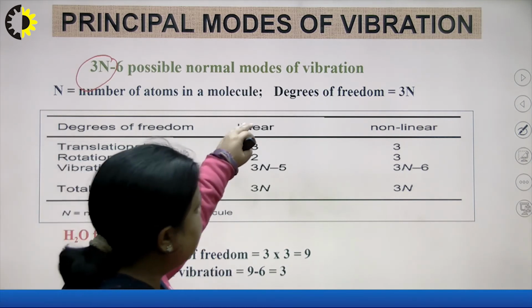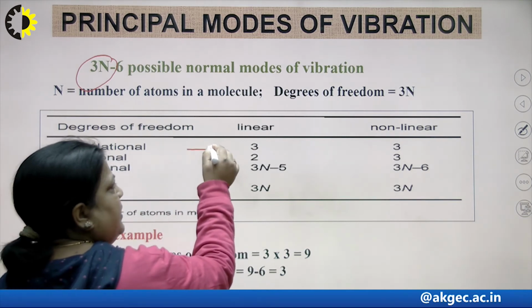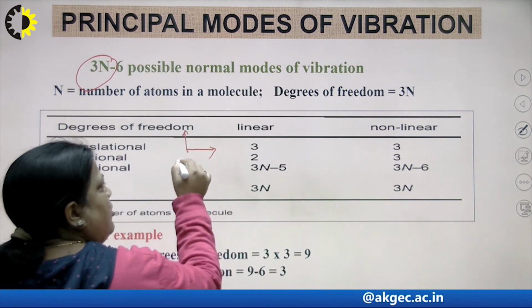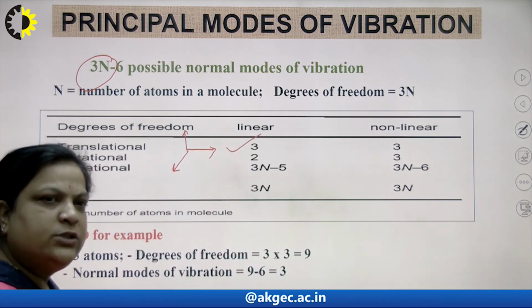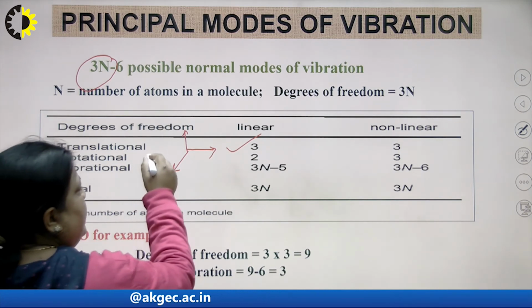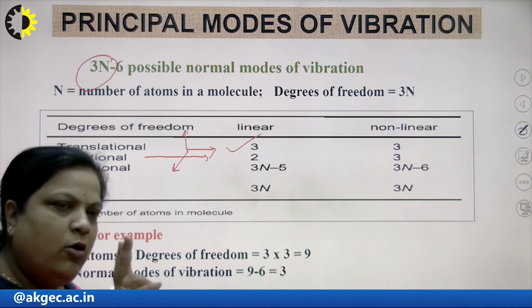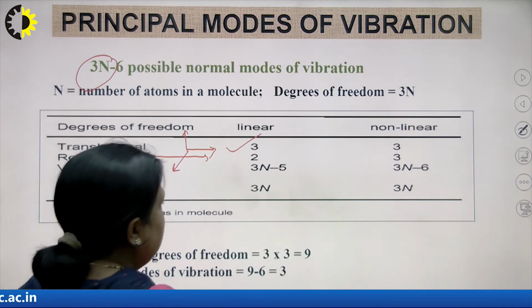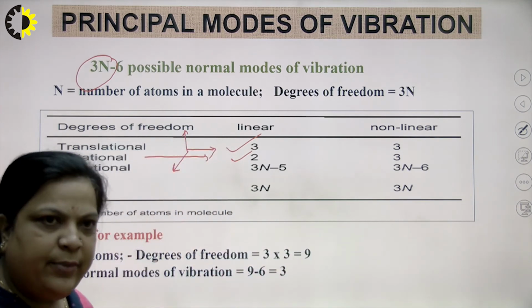If a molecule is linear, then the translational motion, along x or y or z, will be 3. Now, rotation. When we talk about rotation in a linear molecule, it will be along only 2 axes, that is rotation will be 2. Then the remaining will definitely be vibration.